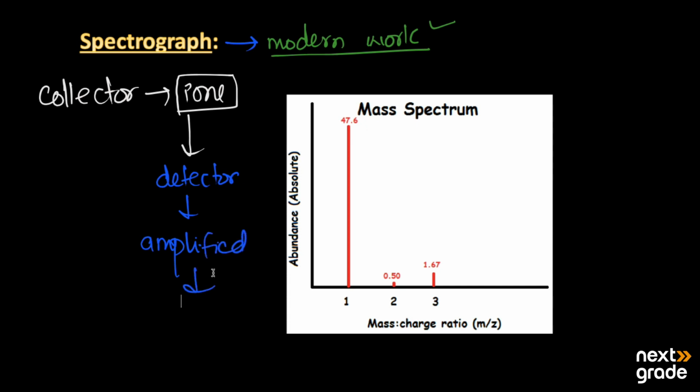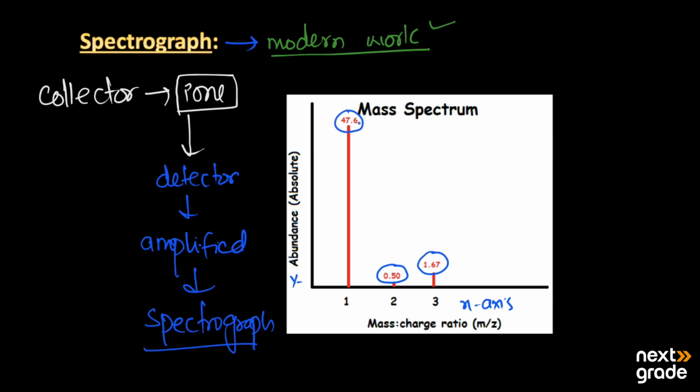After the amplification, we get a graph known as the spectrograph. In the spectrograph, we have relative abundance along the y-axis and mass to charge ratio along the x-axis. For example, there are three isotopes: the first with mass to charge ratio 1.67, the second 0.50, and the third 47.6.